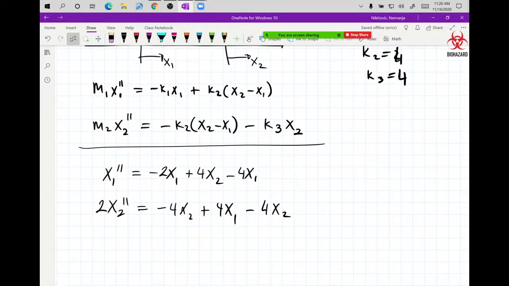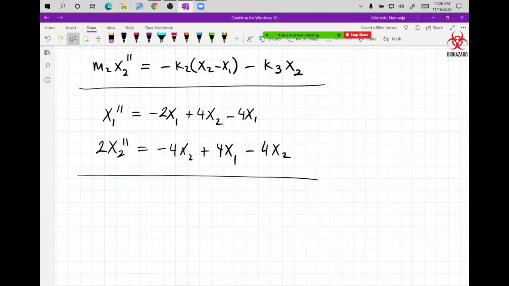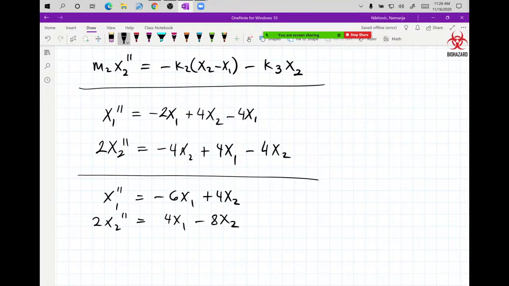This one is going to simplify, so I'm going to avoid the matrix again. Whatever. Sometimes you just have to give up. Okay. So negative 6x1 plus 4x2. And the second one is 2x2 double prime is equal to 4x1 minus 8x2.